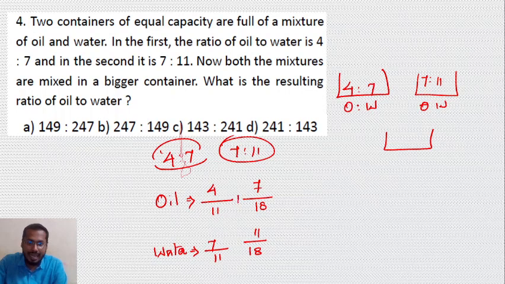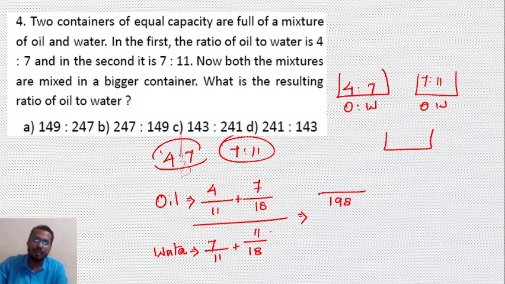Just add these two values and these two values and take the ratio. You will get the answer. We separated oil and water. How much is oil and how much is water? So what is the ratio for 11 and 18? 11 is a prime number, right? So 198, and 11 into 18, 4 into 18. So it will be 149, and here 198.